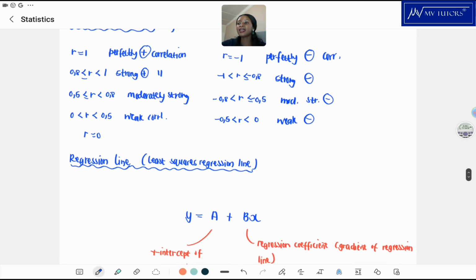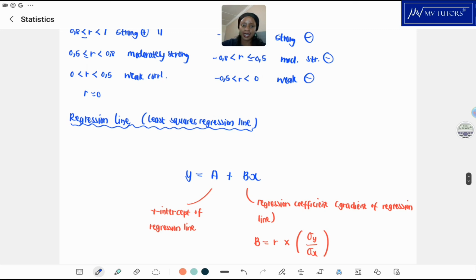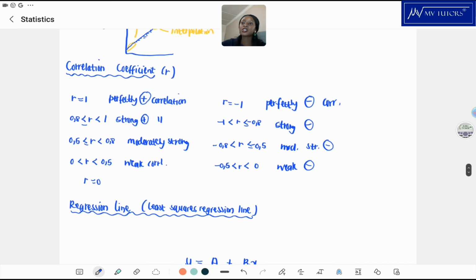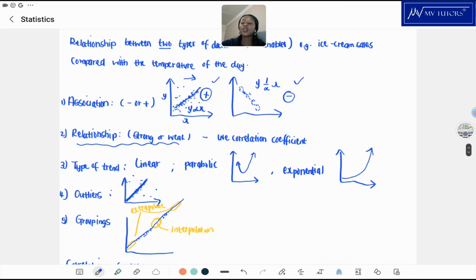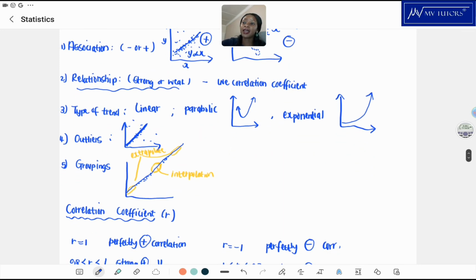Okay, and then we talk about the regression line. So the regression line, I've mentioned it before, is when you've plotted your data set and then you draw a line of best fit. Okay, so you try to see from the data set that I have, what kind of linear trend do I have, and what would be the equation of the linear trend.